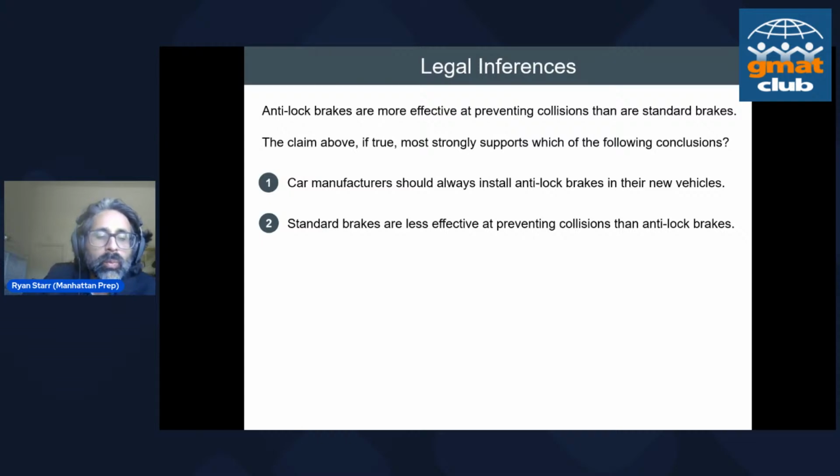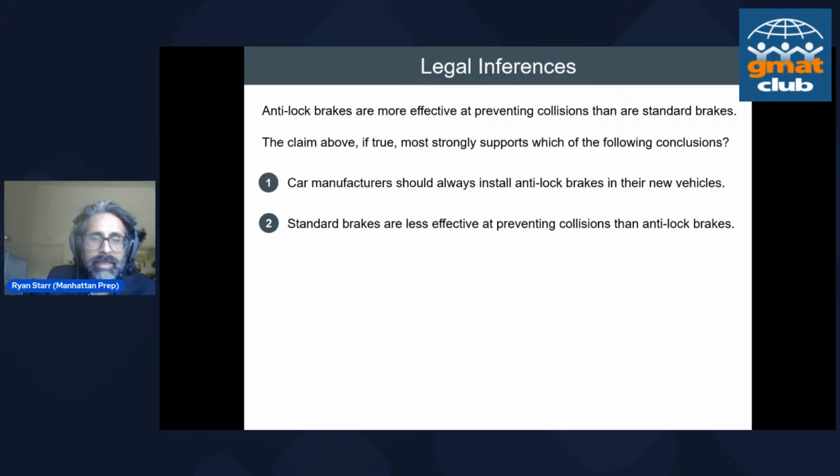So out of 1 and 2, which one of these claims is best supported by the claim above? The claim above is: anti-lock brakes are more effective at preventing collisions than are standard brakes. Do we believe 1 or 2? Should we choose 1 or 2 if this is the GMAT and we're trying to draw a conclusion based on that claim up there?